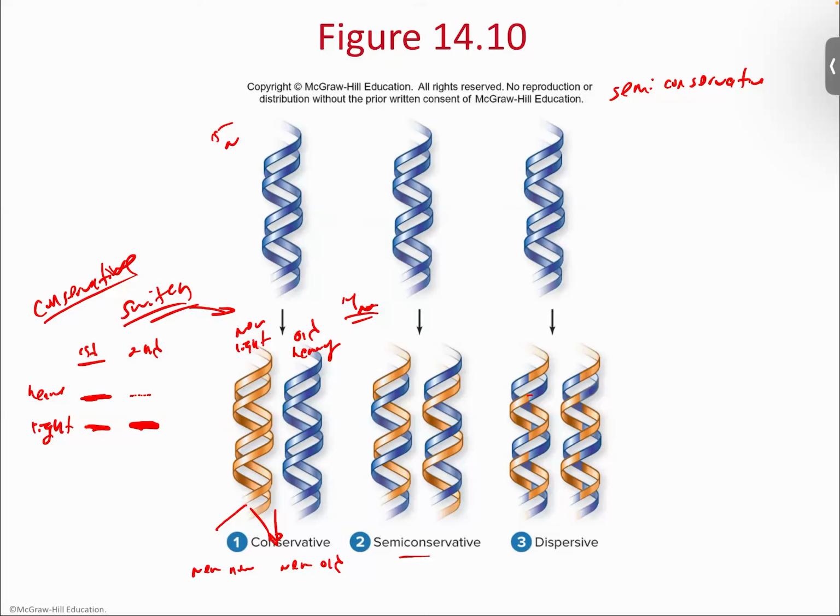I should see not light, not heavy, but something that is in between. So here's where my heavy band would be. This is where my light band would be. What I expect with semi-conservative after the first round of replication is something in the middle, right? Because it's half and half. In the second replication, I would expect to see the same thing.